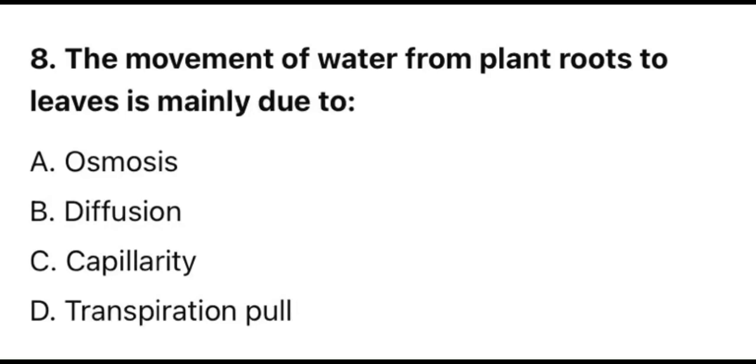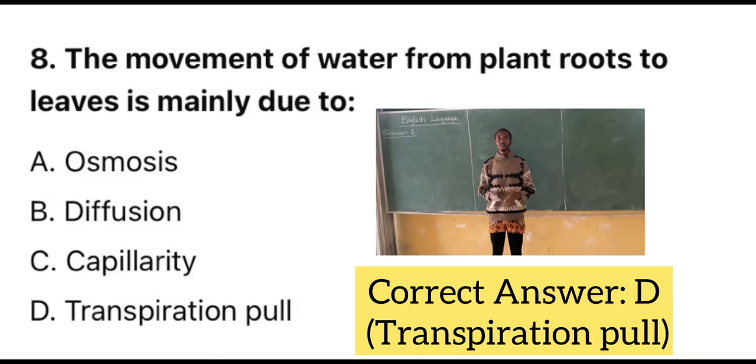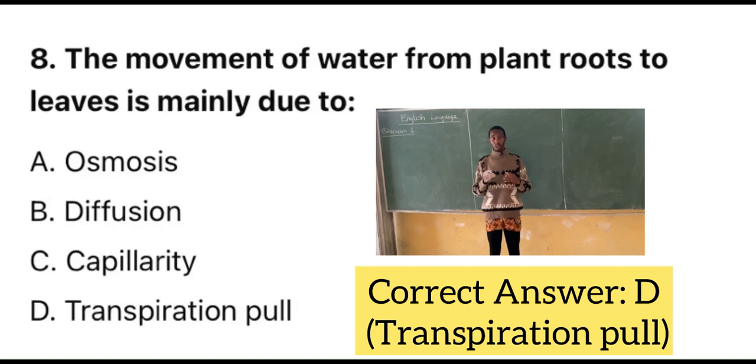The correct answer is D, transpiration pull. Transpiration pull creates a negative pressure that draws water upward through the xylem from the roots up to the leaves. So the correct option is option D.